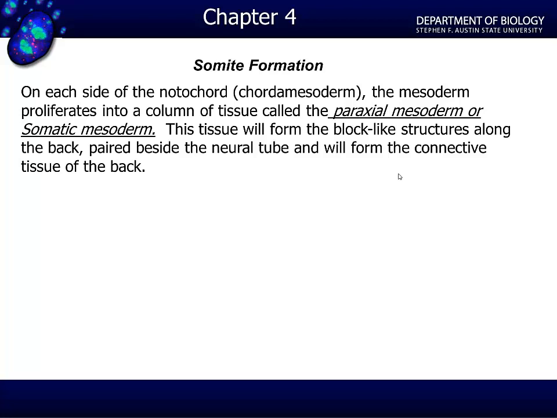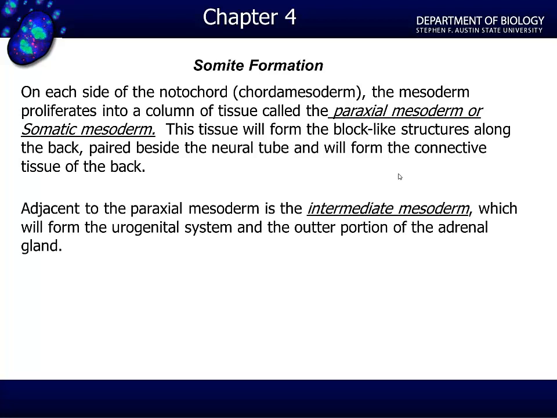And this paraaxial mesoderm is going to begin to distinguish itself and differentiate itself and condense itself into paired blocks of tissue on either side of the neural tube. And these paired blocks of mesoderm are going to be referred to as somites. Now that leaves our other mesoderm. As we move out laterally, the paraaxial gives rise to the somites.